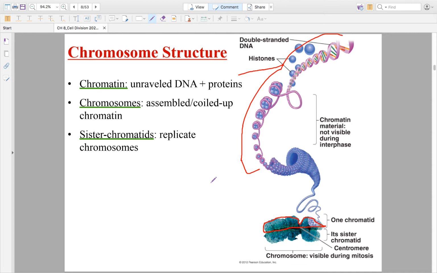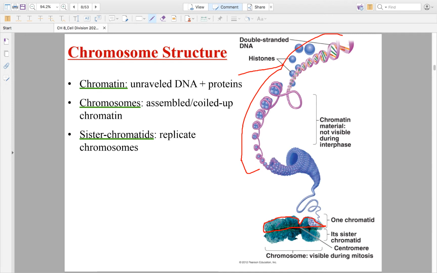Remember, with binary fission, what was the first thing that needed to happen? We had to copy all of the prokaryotic DNA. Well, eukaryotes work the same way. They're going to have to copy every single chromosome that we have in order to reproduce a replicate cell.